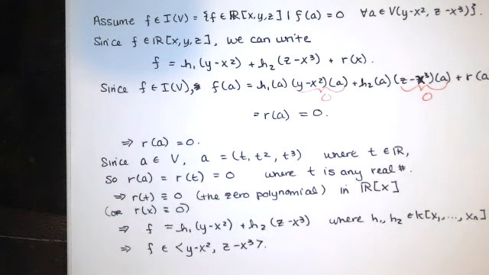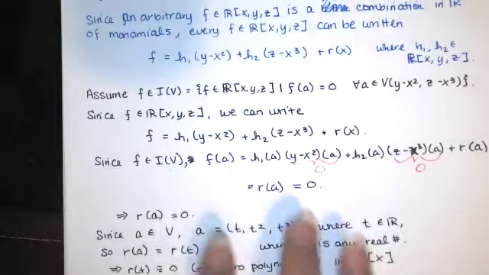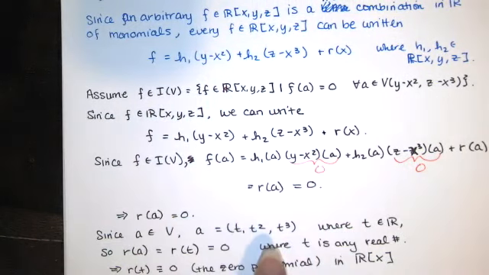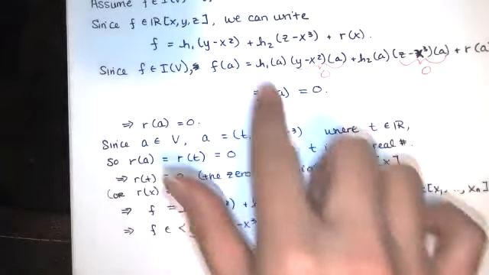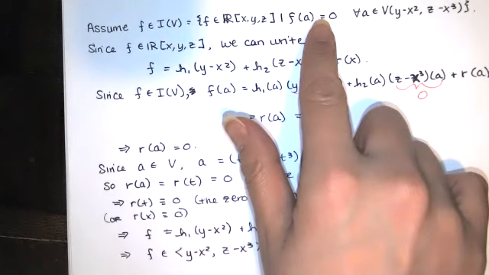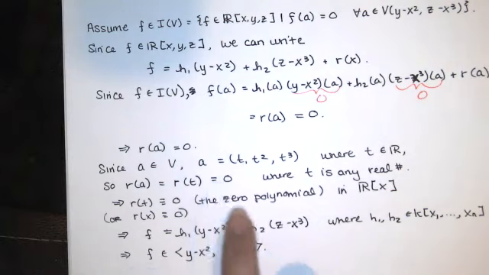Okay, so what have we shown? We have shown that if f belongs to the ideal of the variety, because every polynomial in this ring can be written in this way, and that field is an infinite field, the only way that you can belong to this set and have this equal to 0 is if r is the zero polynomial.